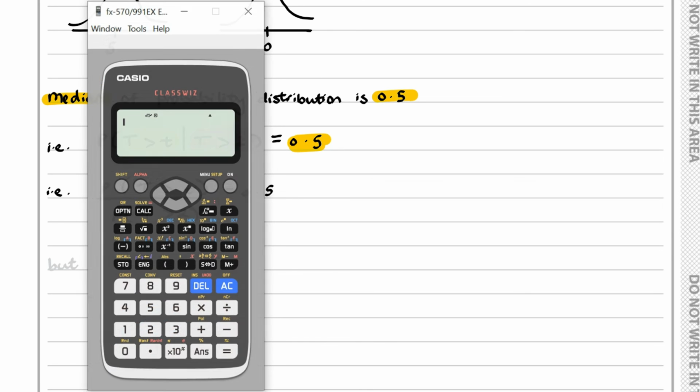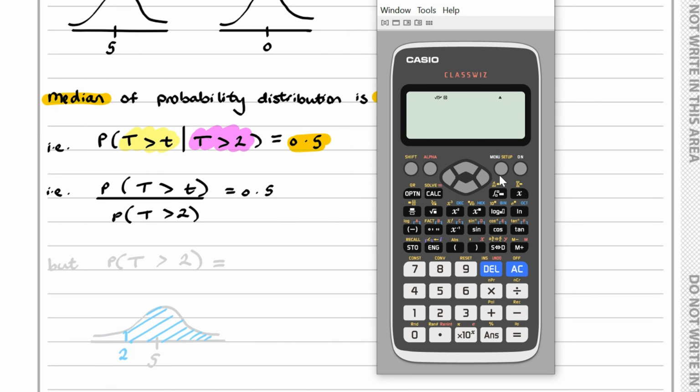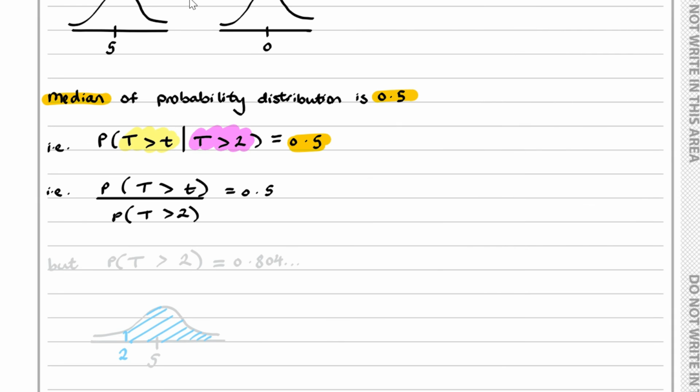So if we go to our calculator, go to the normal cumulative distribution, we have a lower limit of 2, upper limit, sorry, something really big, sigma equal to 3.5, mu equal to 5. So it turns out this value is equal to 0.804, etc. We'll save that answer for a second.